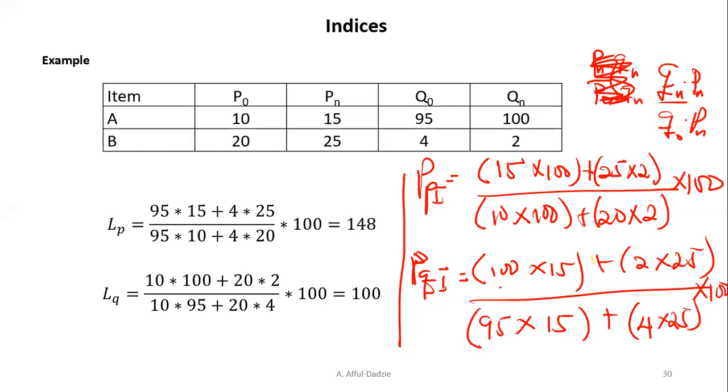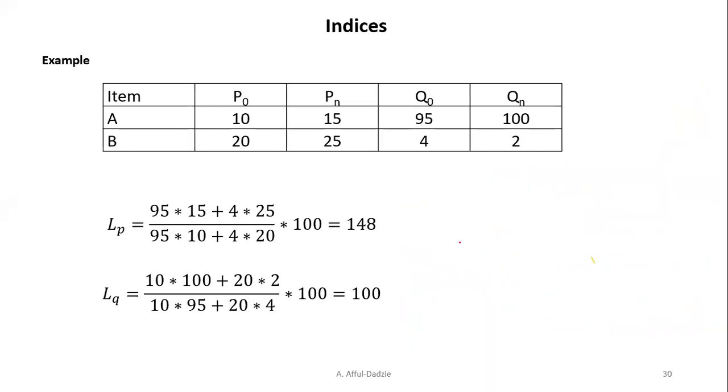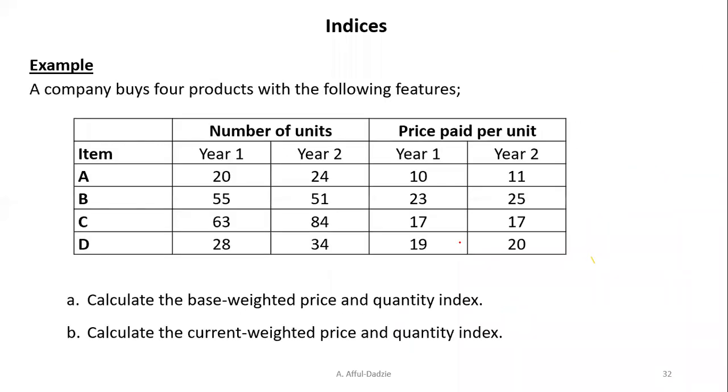Okay, so there's a full-blown question here, which has 4 items, year 1, year 2, and then the number of units. The number of units, I hope you have it, is quantity, and the price per unit would be this. So let's assume that year 1 is the base period.